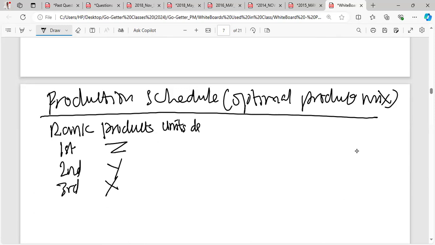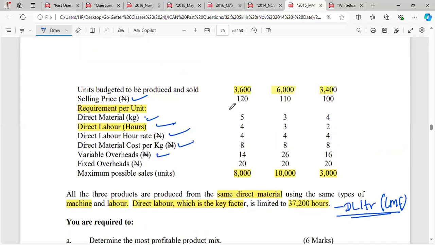Units demanded. Let's go to our question to look at the units demanded. So this is units budgeted to be produced and sold. This is units to be produced and sold.